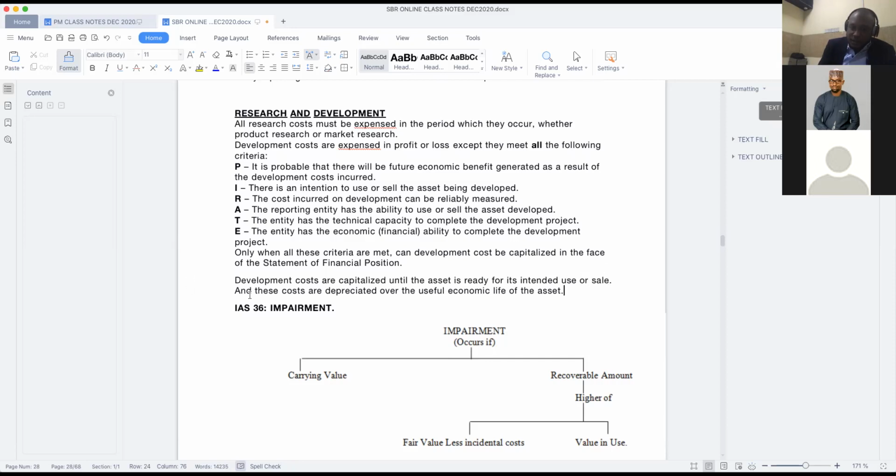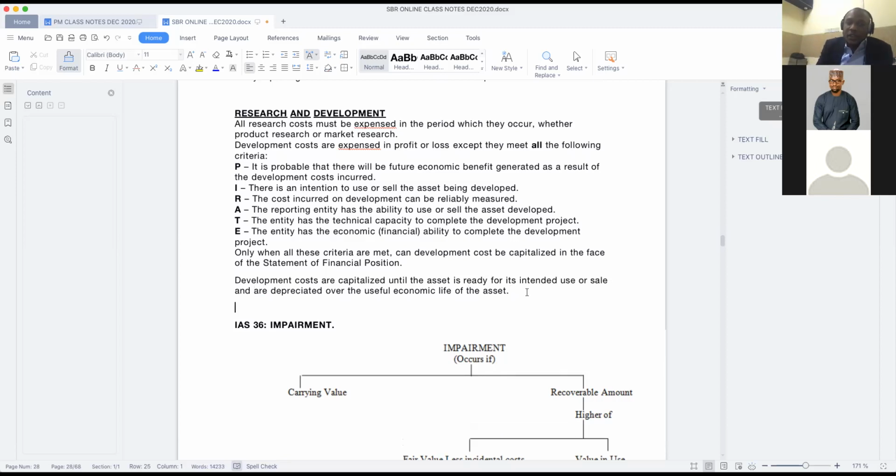And then the final thing, these costs are depreciated over the economic useful life of the asset. So that's the story for this.